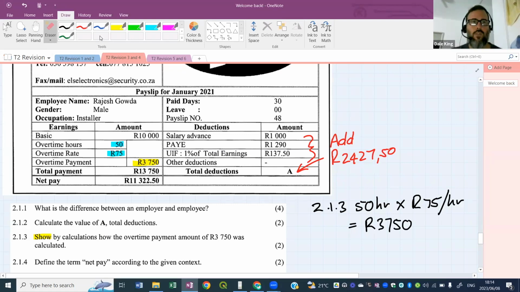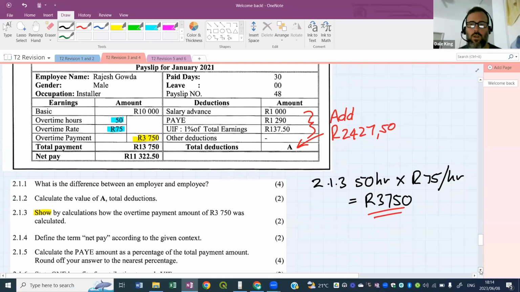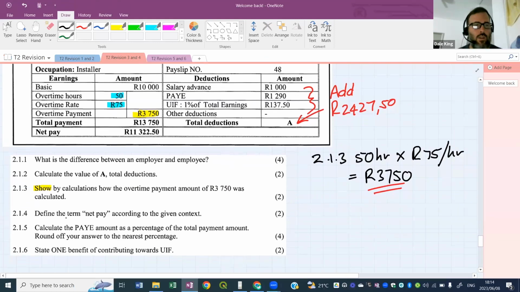If they say show how we get this, and you're not getting this value, put a little star next to this question in the exam, move on to the next one, but you need to come back and make sure that you get the same answer that they get. So if you don't spend too much time on it, move on, and then come back to this one and make sure that you get it right the next time. Okay. So let's go to the next question.